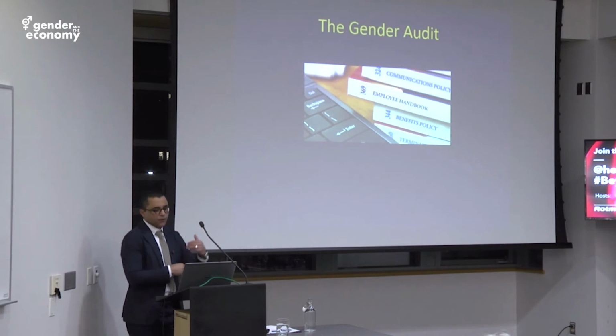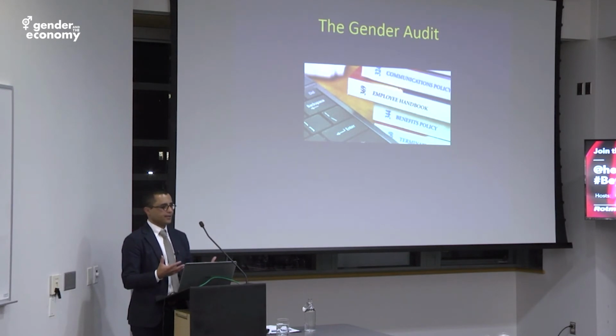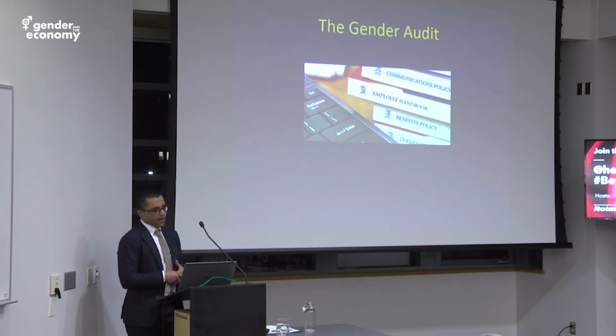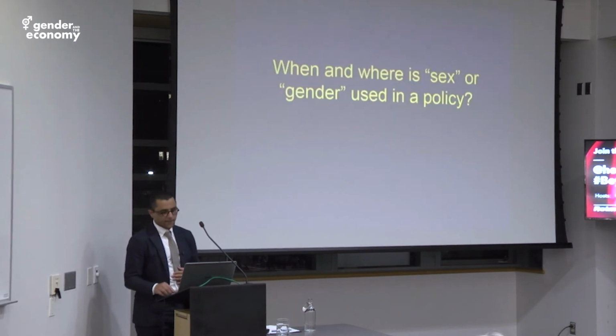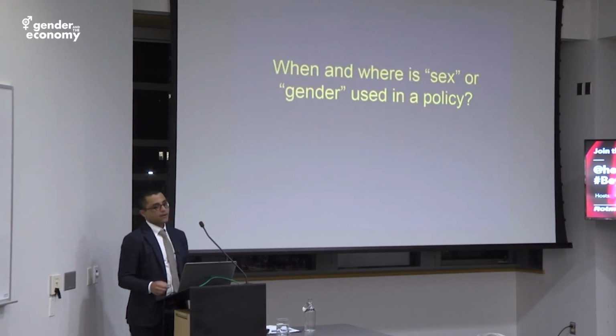Okay, so what I propose in the book, and you have an example of a gender audit that I conducted with a large investment bank in New York City, the results of that in the appendix to the book for people to have a look. But this is basically asking the question, when and where is sex or gender used in a policy?